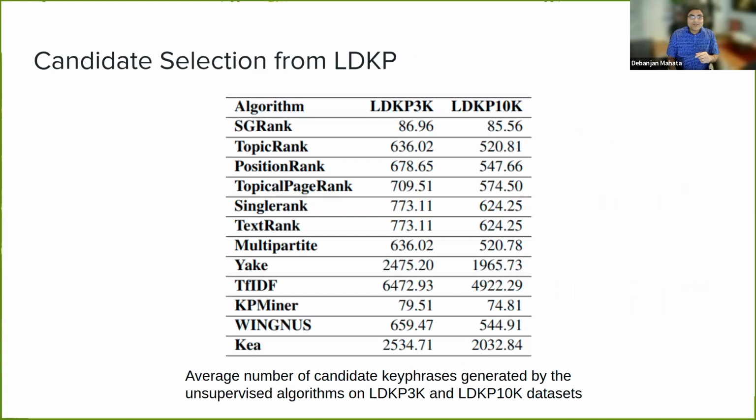But for example, if you throw in a long document, which often appears in real life, and you take each of these methods, these are the average number of candidates which got generated by the rules developed by these methods.